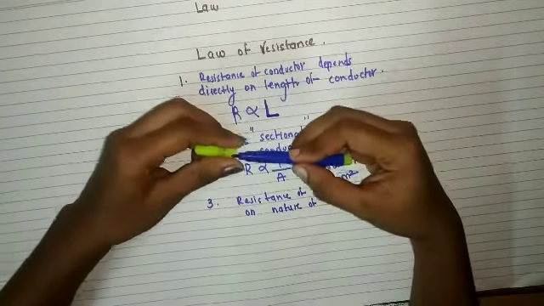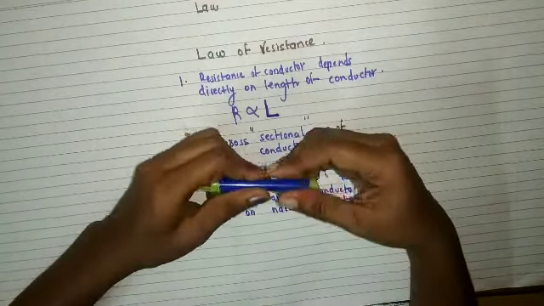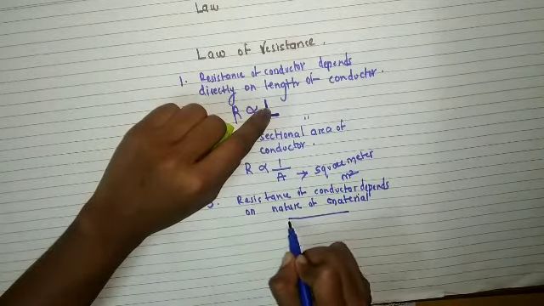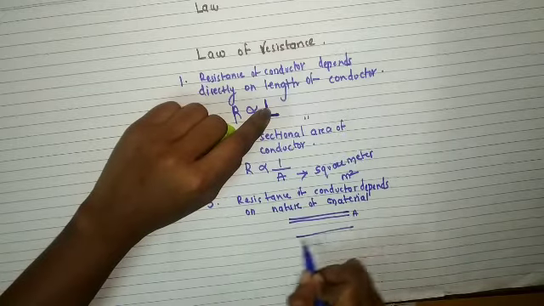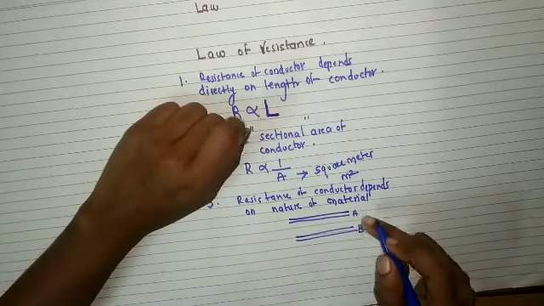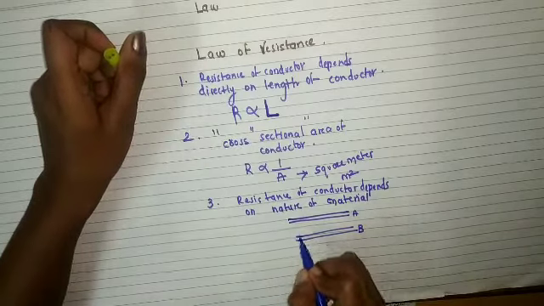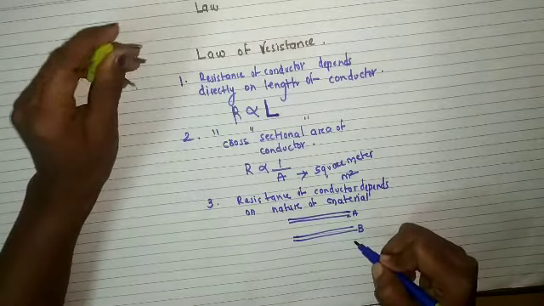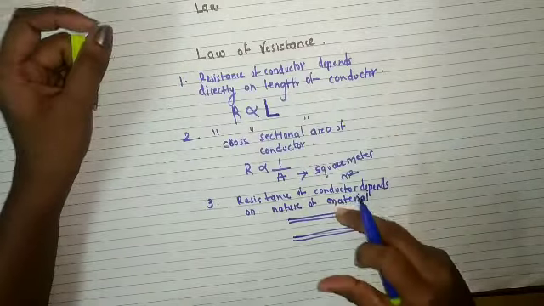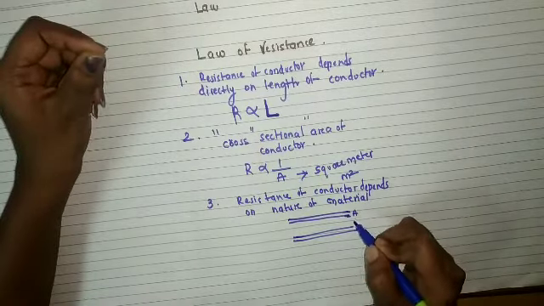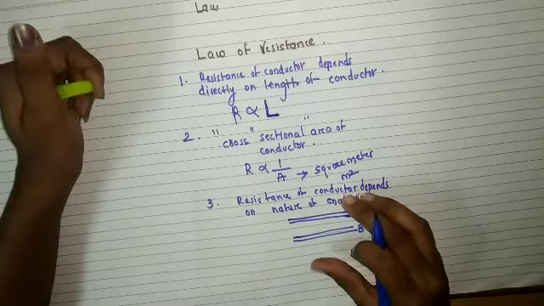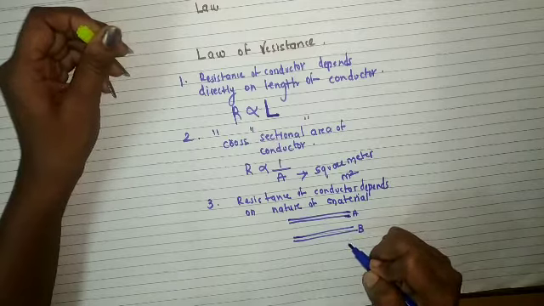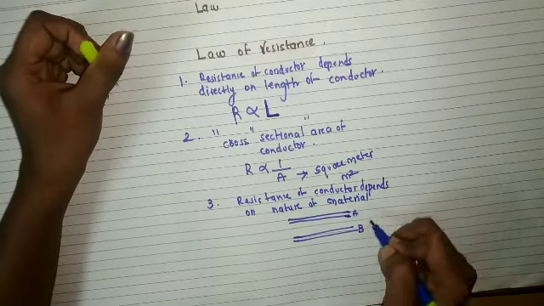That means if we take two conductors, this is conductor A and this is conductor B, of the same length and the same cross sectional area. So these two properties are the same, but what is the main effect?